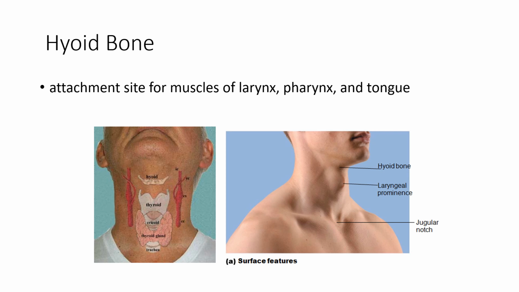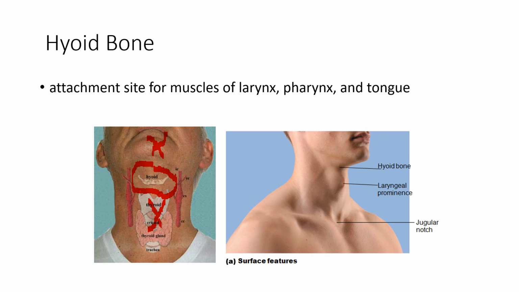So using the left image, I'm going to circle the hyoid. It is below the chin, marked as an X, and above the larynx, marked as an X as well.